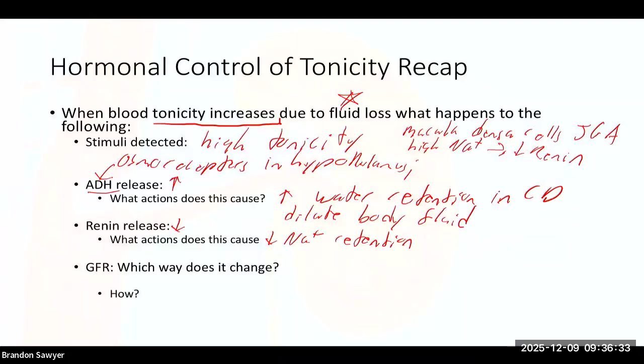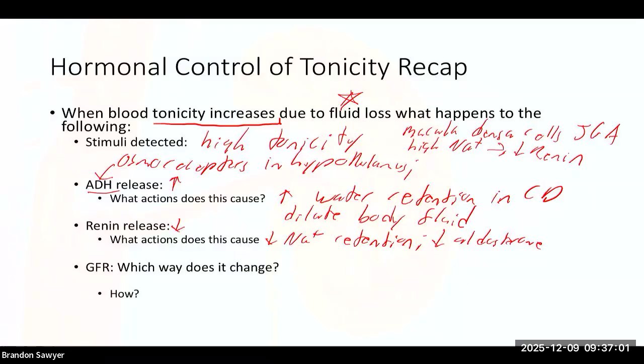And a lot of that has to do with a decrease in aldosterone release. Okay, so decreased aldosterone release can be caused by a decrease in angiotensin 2 that we would see from that decrease in renin, right? And so those are the key mechanisms there.